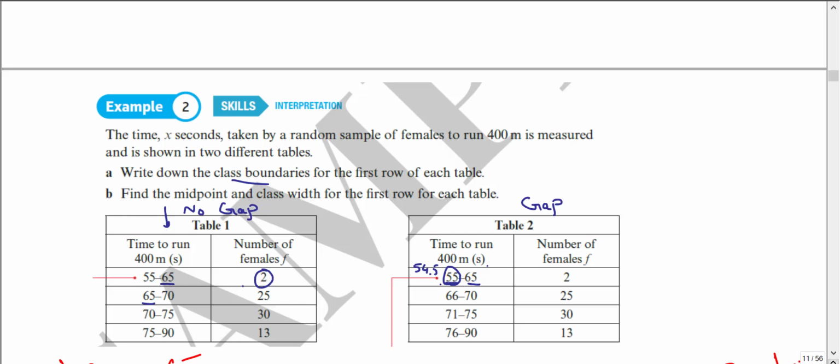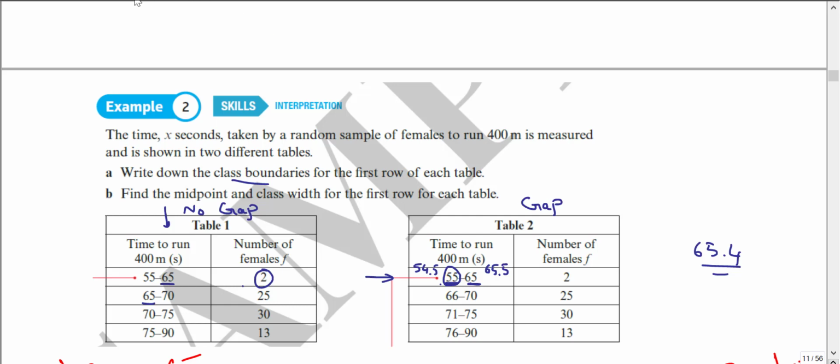So we get 65.5. This means that if you have 65.4, she will belong to the first group. Why? Because we have changed the class boundaries. The class boundaries are not 55 and 65, the given ones. We add 0.5 here, and we subtract 0.5 from the 55.